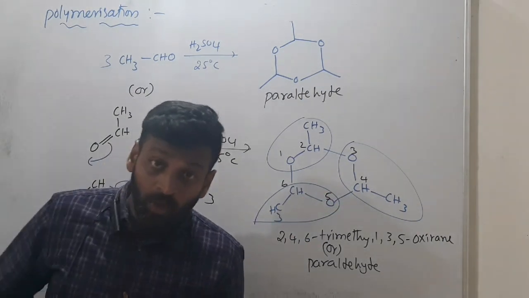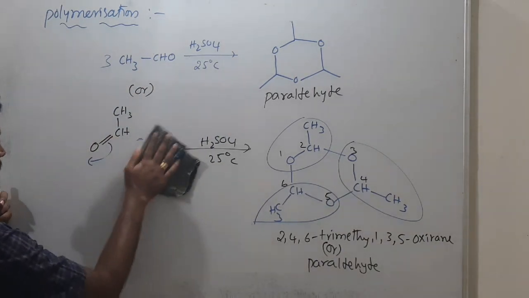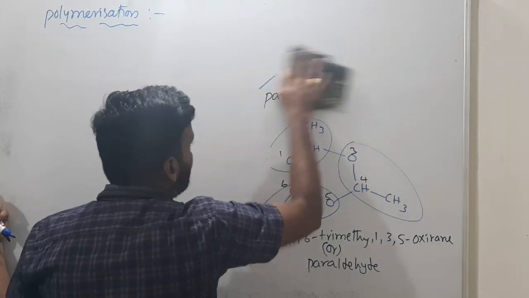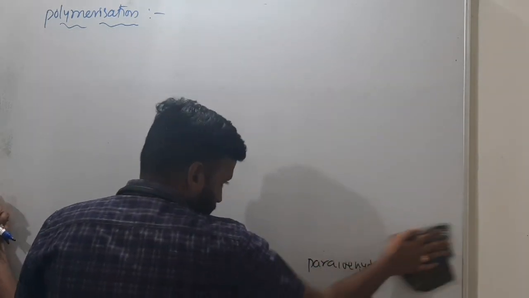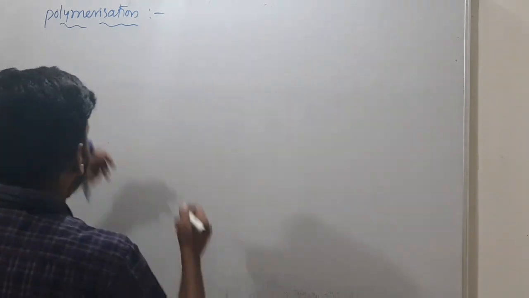And how to get metaldehyde? Let's see now. Now you take 4 moles. Very important, these are the metaldehyde and paraldehyde formations, because they are helpful in the polymers chapter. That's why I am telling you.